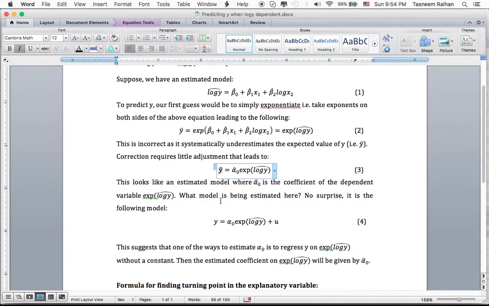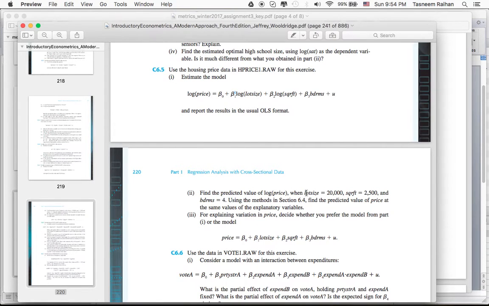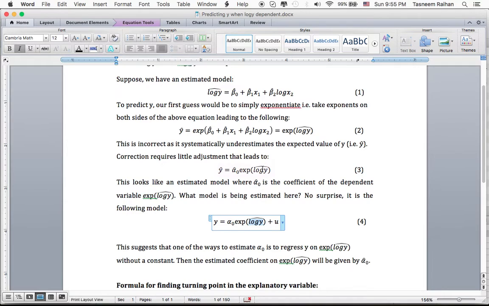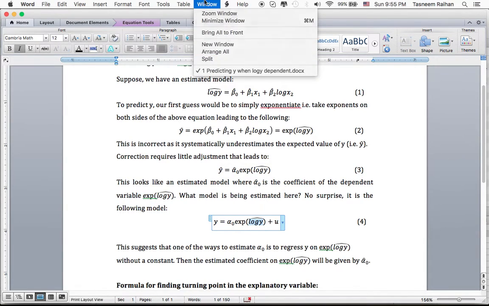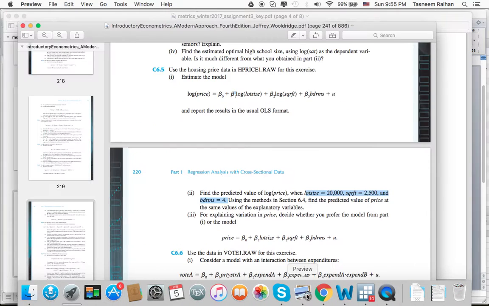To do that, we first need to find out the value of log y hat when the explanatory variables take these values. Now we have already done that, haven't we? In the first part of this question, we have already found that log y hat is equal to 5.99.